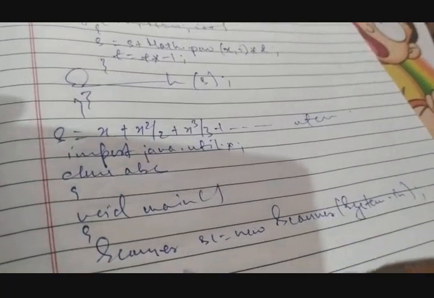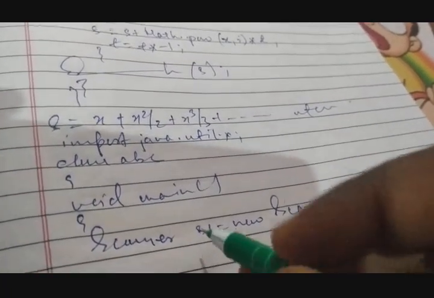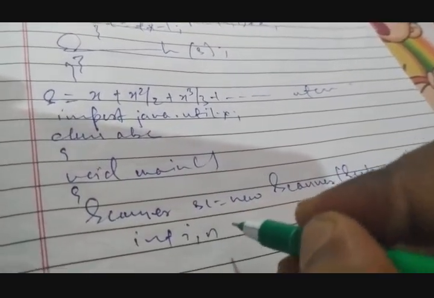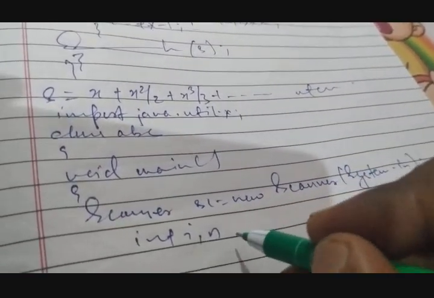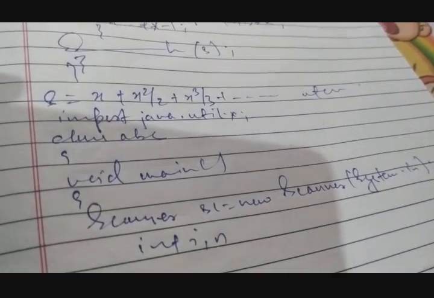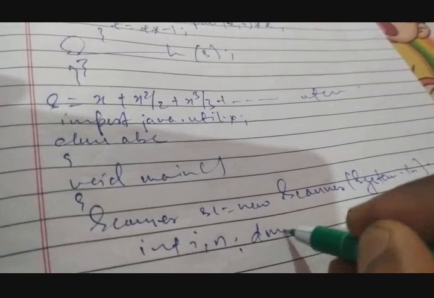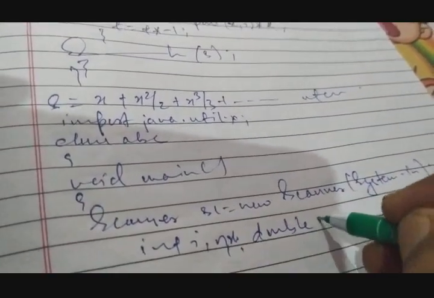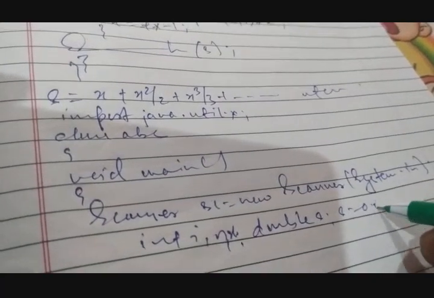Now we require an int i for the loop, n is required, and nothing else, a double s. So here x is also required, and s equals 0.0.